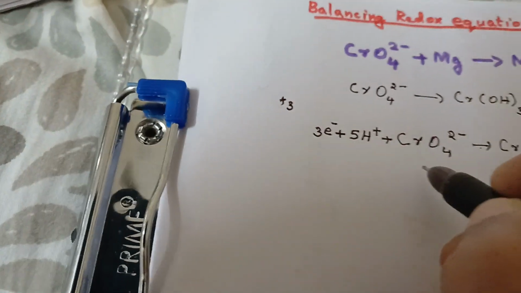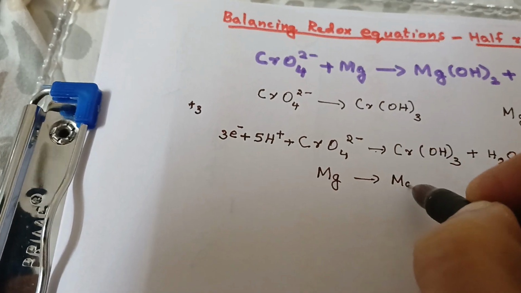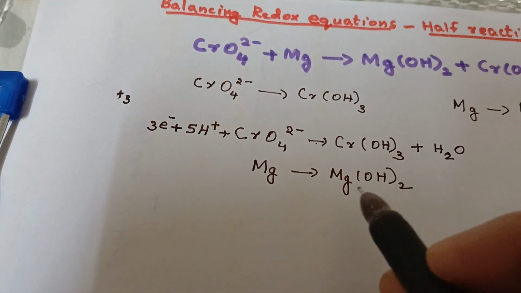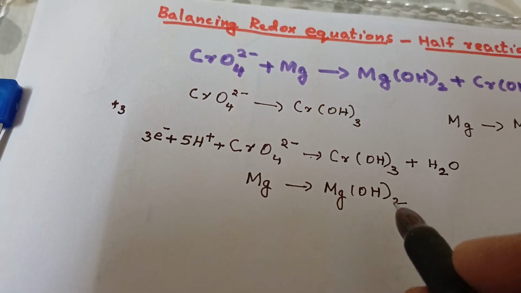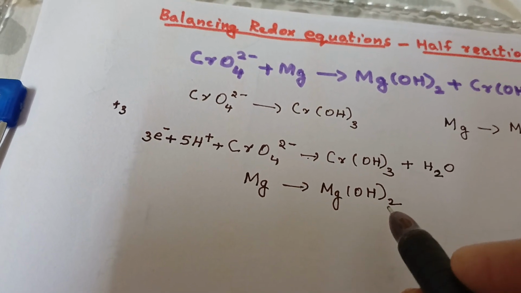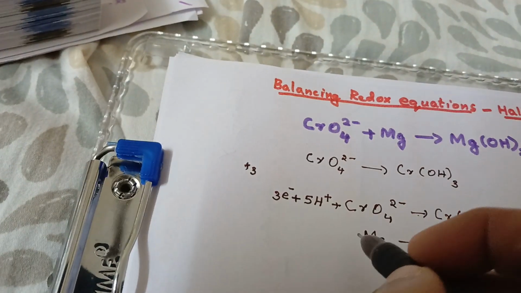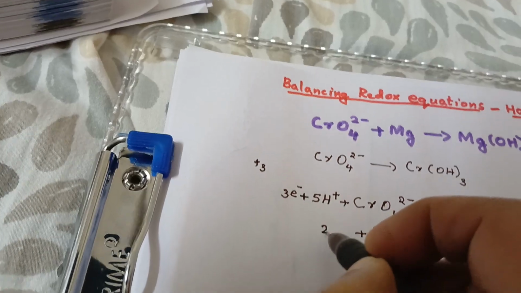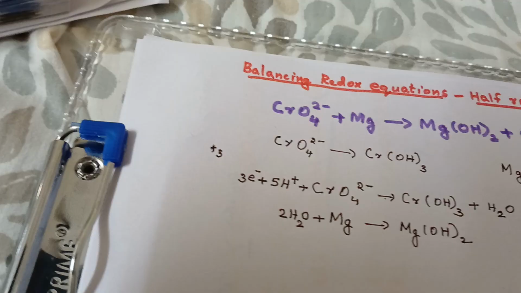Let us take the next equation. Mg giving MgOH twice. Magnesium atoms are balanced, but the oxygen and hydrogen atoms are not. So let us first deal with the oxygens. There are 2 oxygen atoms here. So in order to give 2 oxygen atoms here also, we can add 2 molecules of water, 2H2O.